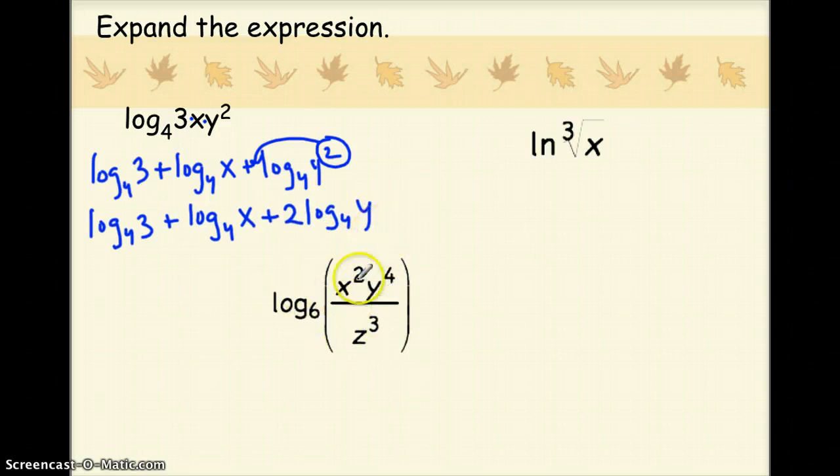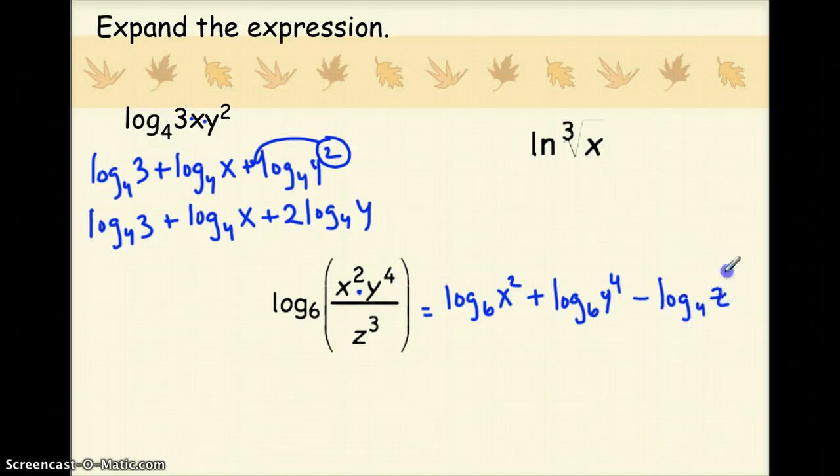On this problem, I have multiplication and division. So when I expand that, I'll have log base 6 of x squared. Multiplication turns into addition, log base 6 of y to the 4th. And division turns into subtraction, log base 4 of z to the 3rd.